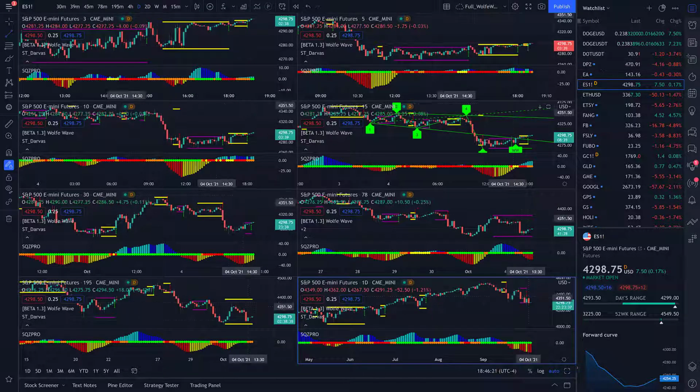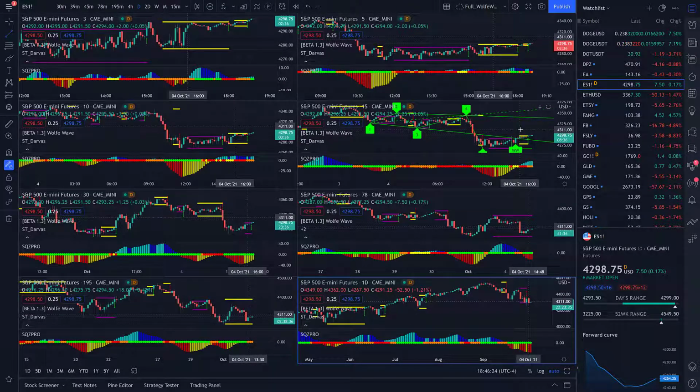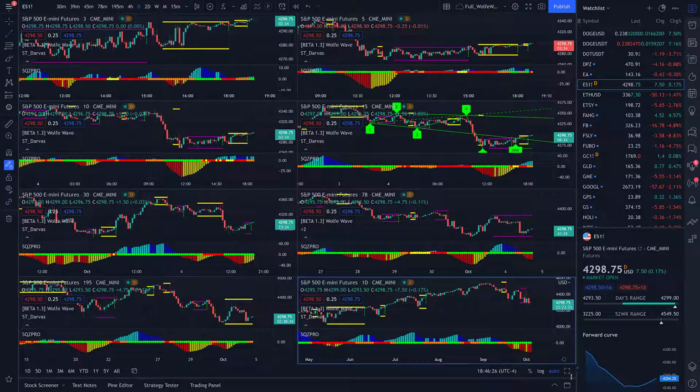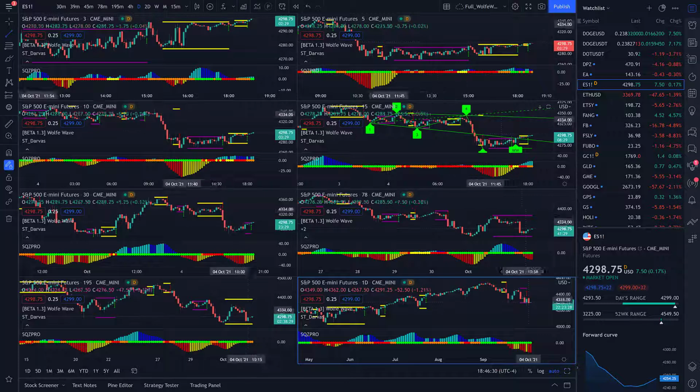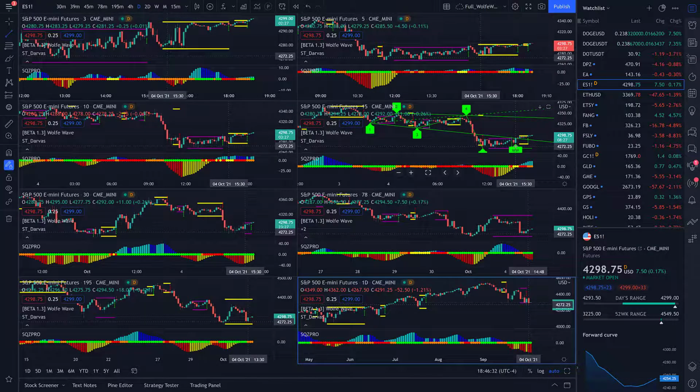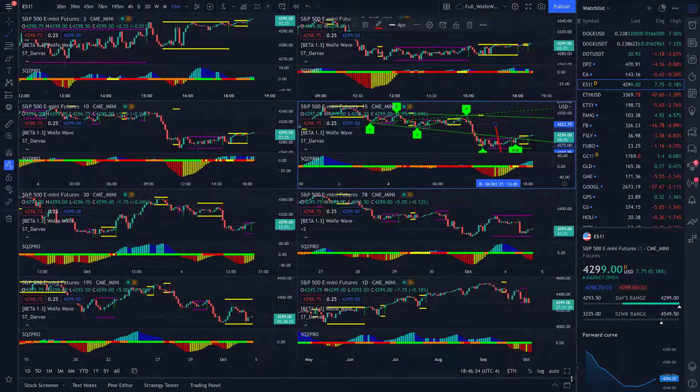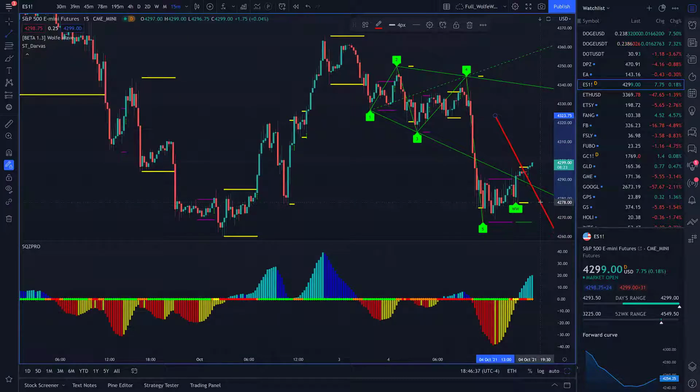So here, the S&P futures on the 15-minute time frame, it's got a setup, right? Where it's given an entry here on the 15-minute time frame right here.